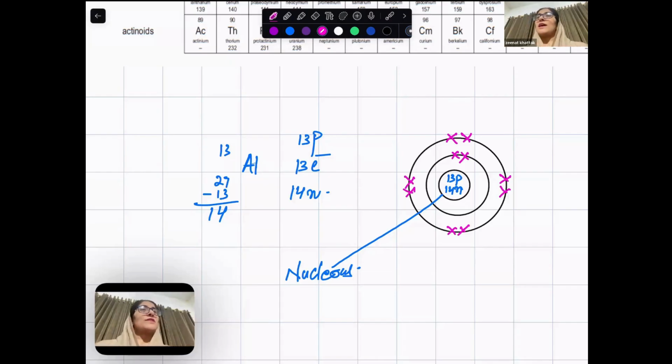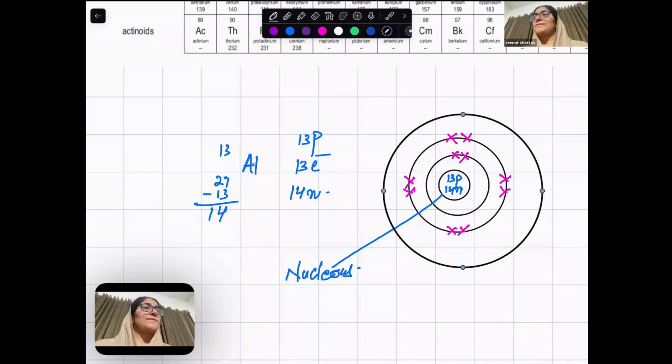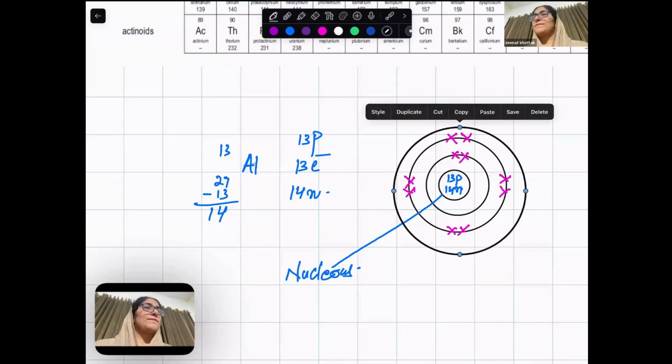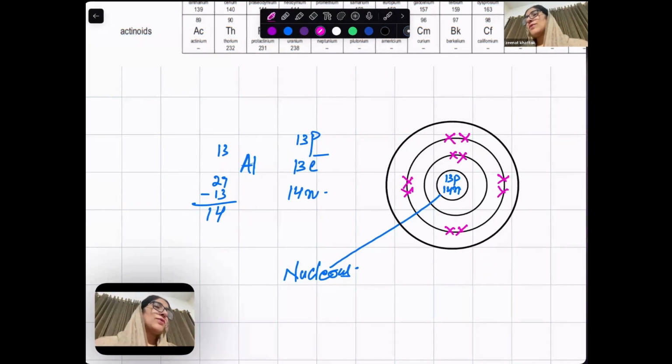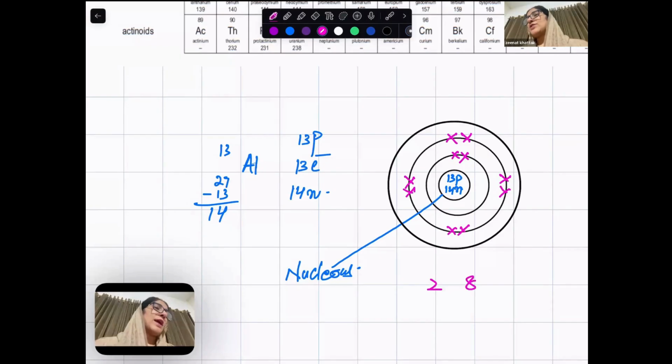Now how many electrons are left? 3 out of 13 electrons. So 3 electrons are in the last shell.